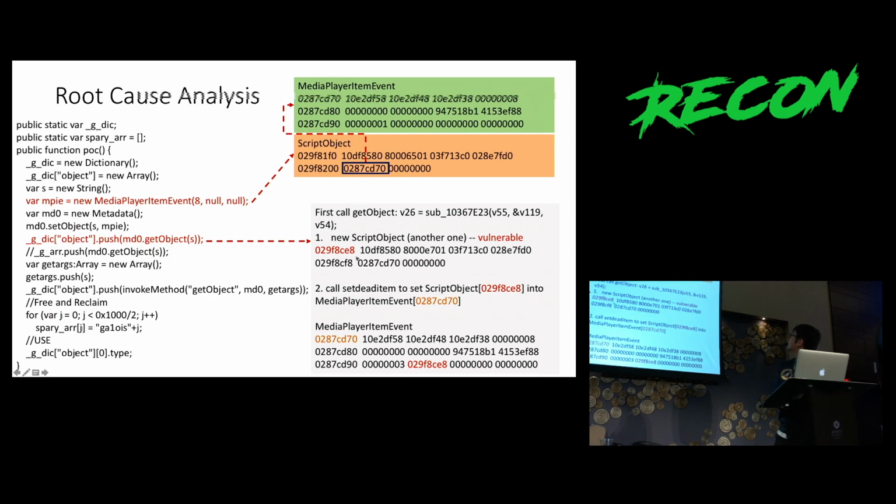It's a new copy. And it calls setItem to set the script object into the MediaPlayerItemEvent. It sets the offset 2-4 in the MediaPlayerItemEvent with the script object.